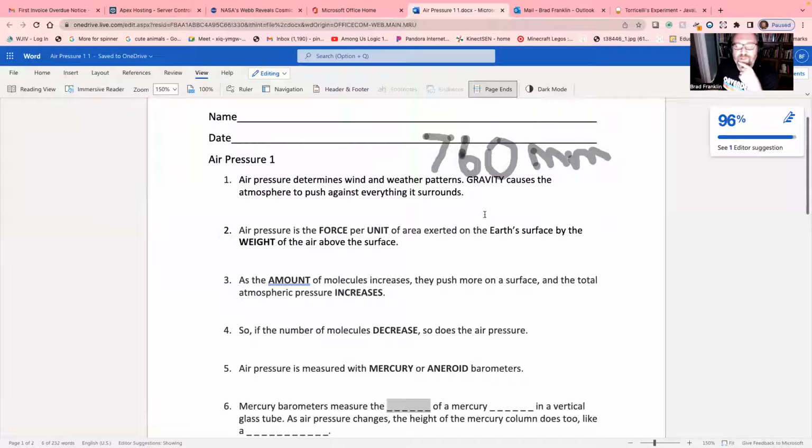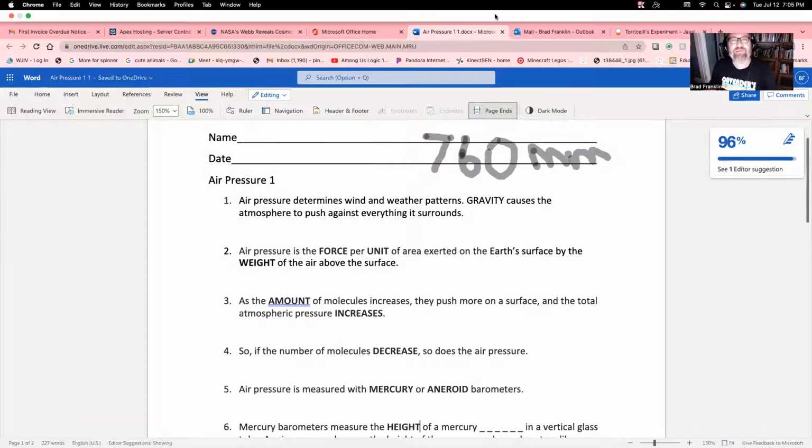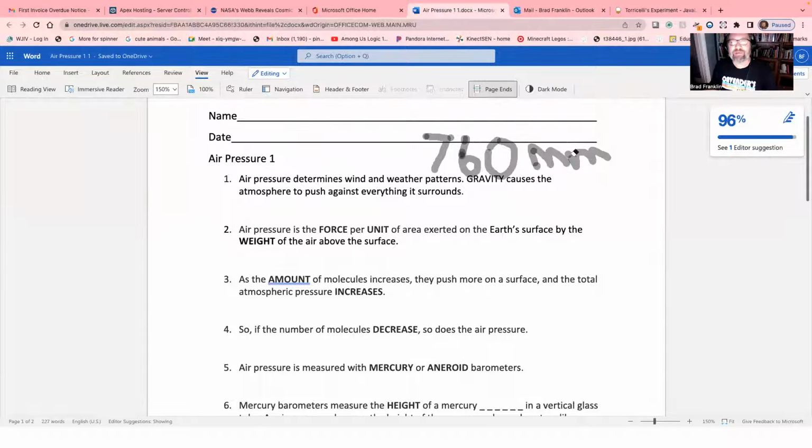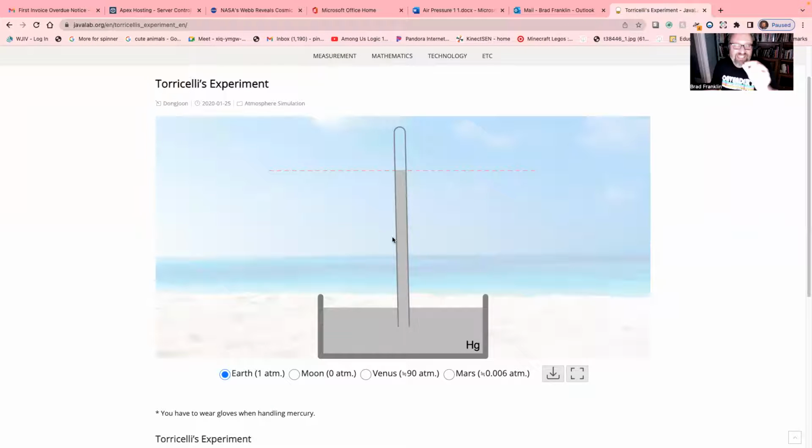Mercury barometers measure the height of a mercury, what do you call it? I've got to get rid of this. Eraser. There we go. The height of a mercury something inside that glass tube.